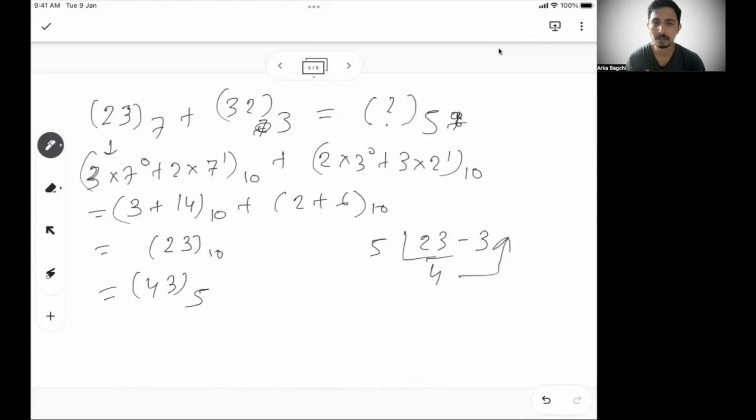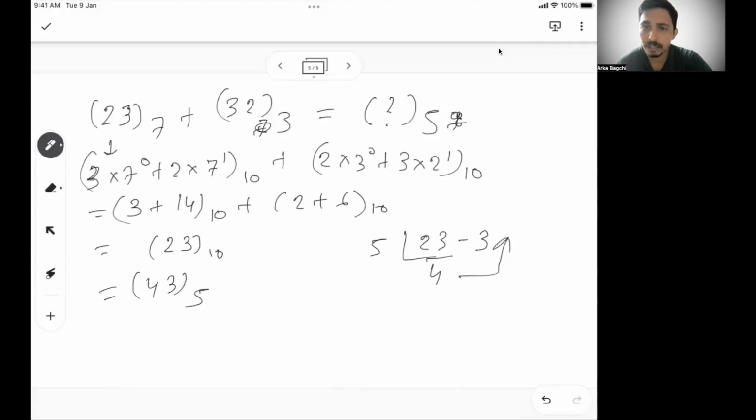Okay. So this is all about how to handle base systems in a very effective way. This is a short session, just wanted to cover your understanding of different base systems and how to convert them and how to work with them.